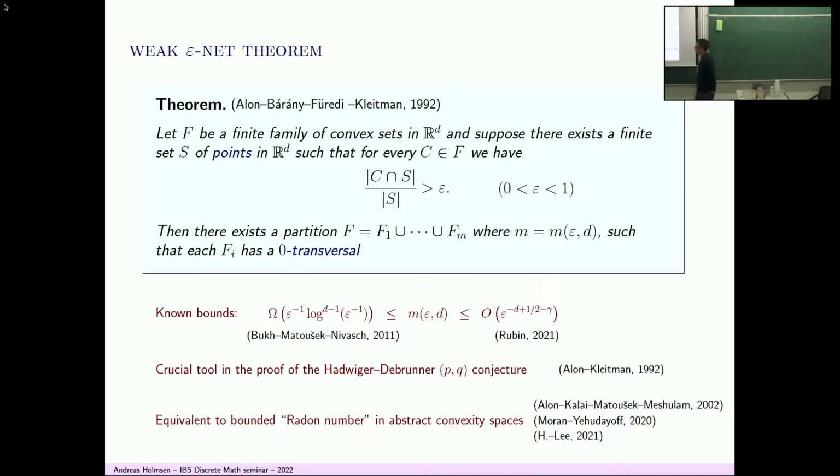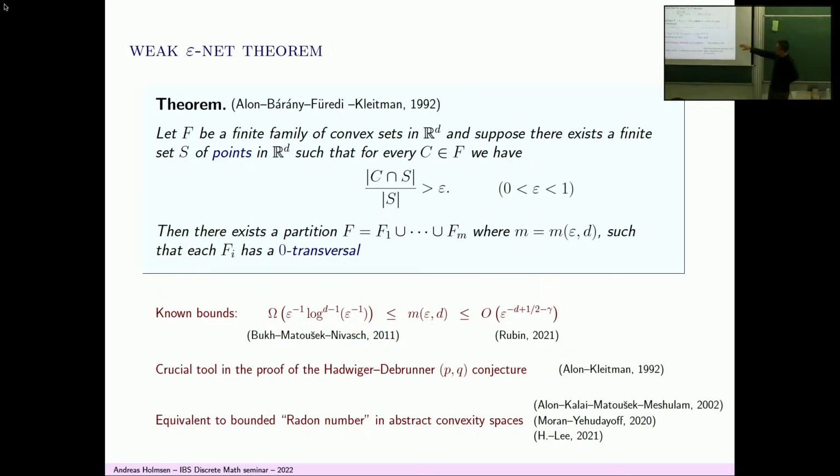The weak epsilon theorem was invented by Alon and Kleitman in order to prove the Hadwiger-Debrunner (p,q) conjecture, a famous open problem from the 1950s. Their conjecture was that suppose you have a family of convex sets with the property that whenever you take p of them, some q of them will intersect. Then it is possible to find a finite set of points that intersects the whole family. Here p should be greater or equal to q, and q should be greater or equal to d plus 1.